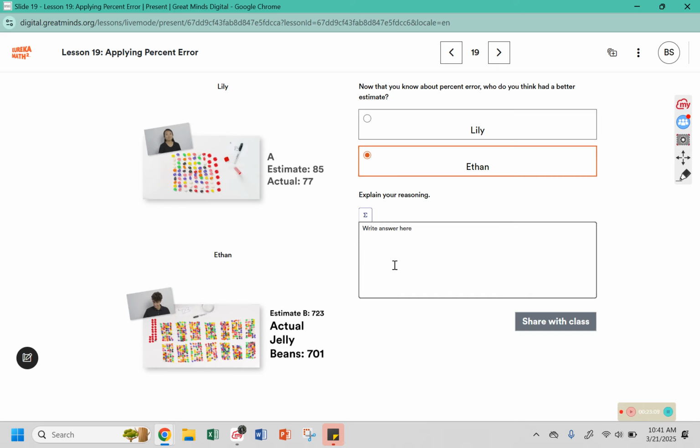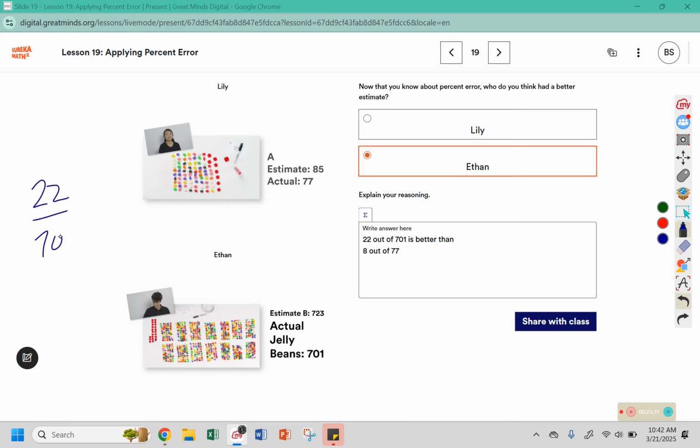He had a 22 out of 701 is better than, she was off by, what did we say, 8 out of 77? And let's just verify that real quick. 22 out of 701 or 8 out of 77.